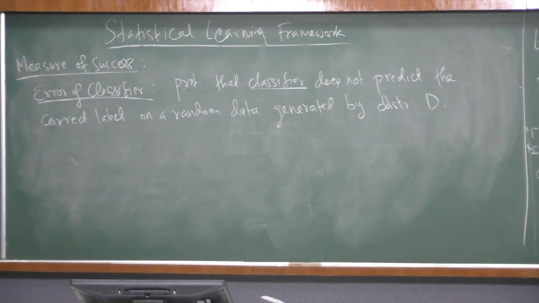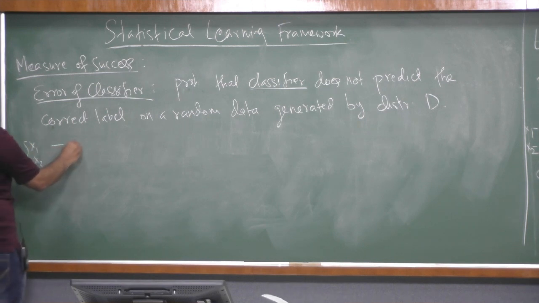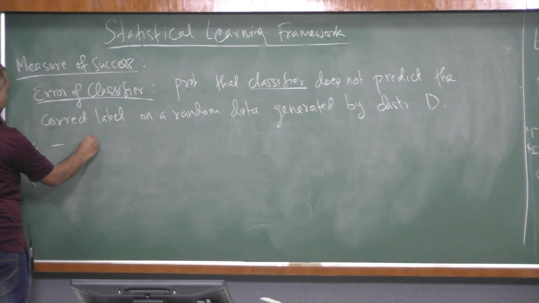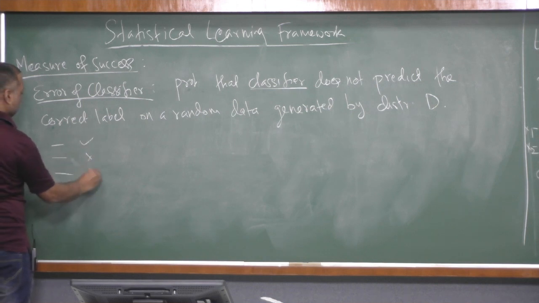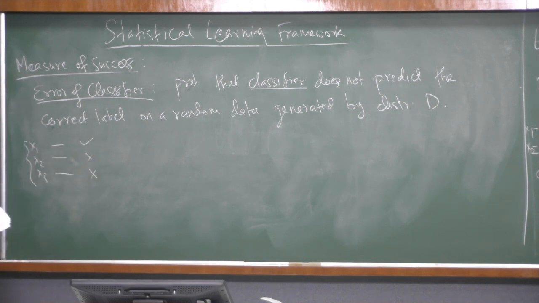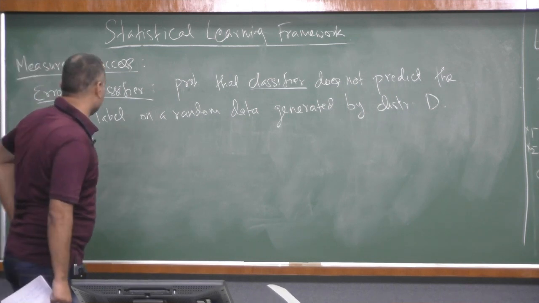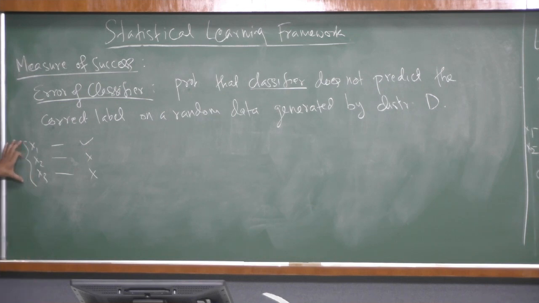In other words, I take 10 new samples, or let us say 3 samples. Out of these 3, it predicted the first correctly, and the second and third were wrong. It can happen. In this case, I will say 1/3 probability it's predicting correctly, and 2/3 it's not predicting correctly. So this is how we are going to measure the success.